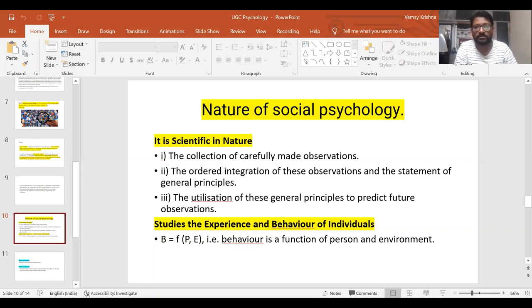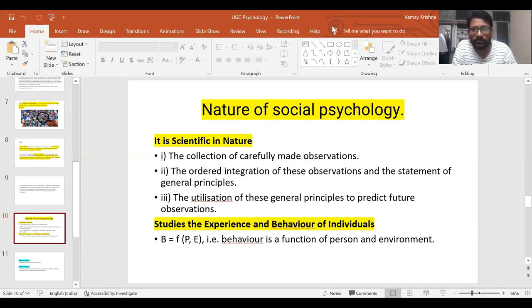So that's what I said, the nature of social psychology is scientific in nature. Wherever it is, there is repeatability, and the principles that we govern would be almost objective and scientific in nature.